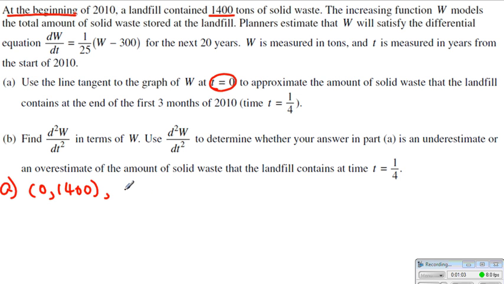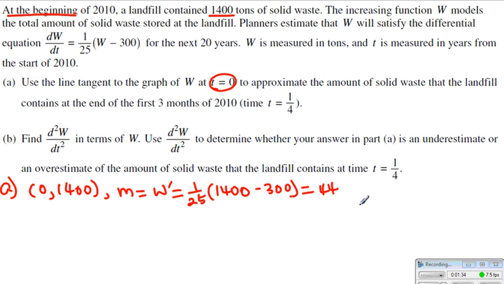Another thing that we will be needing is the slope, m. The slope can be found by w prime, using this expression: 1/25 times (1,400 minus 300). Once you calculate this, you will realize that it is equal to 1,100 divided by 25, which is equal to 44.